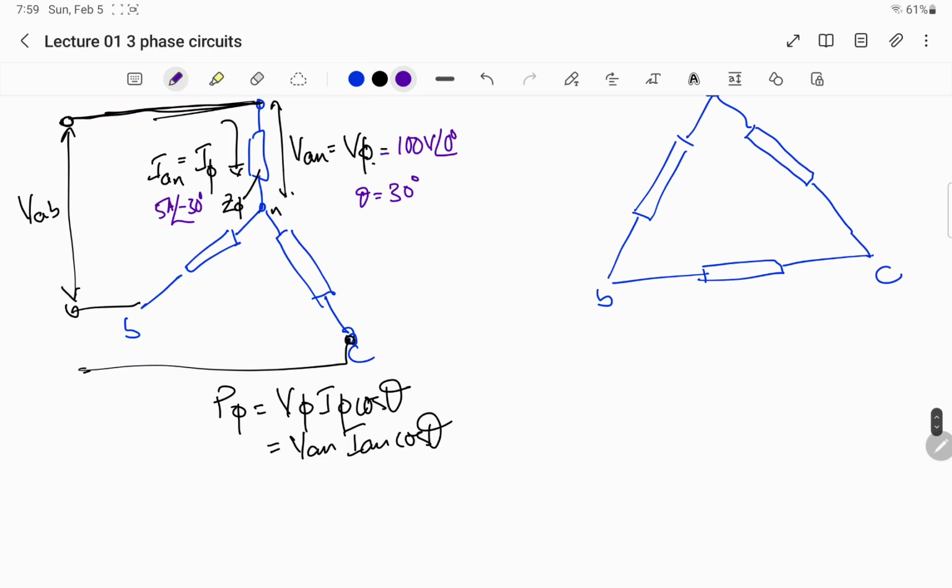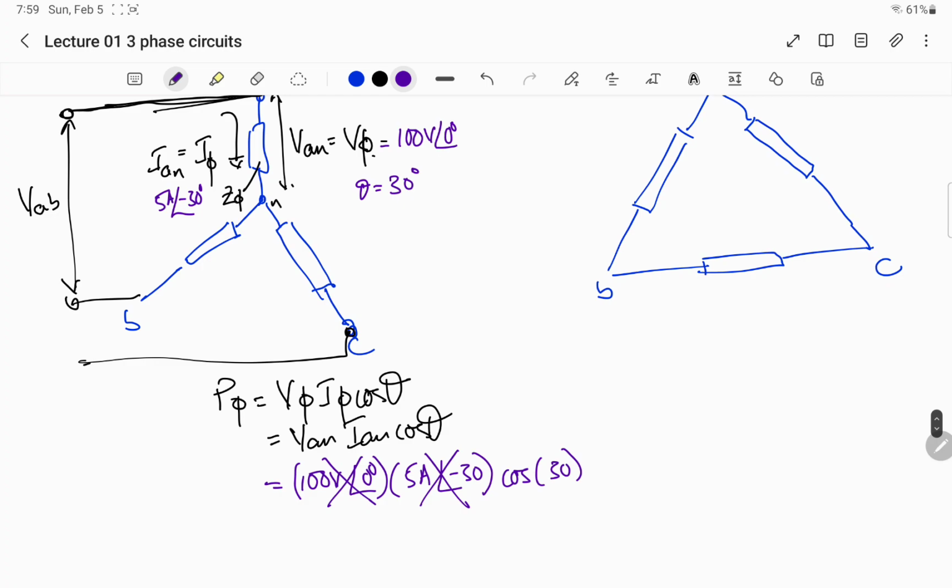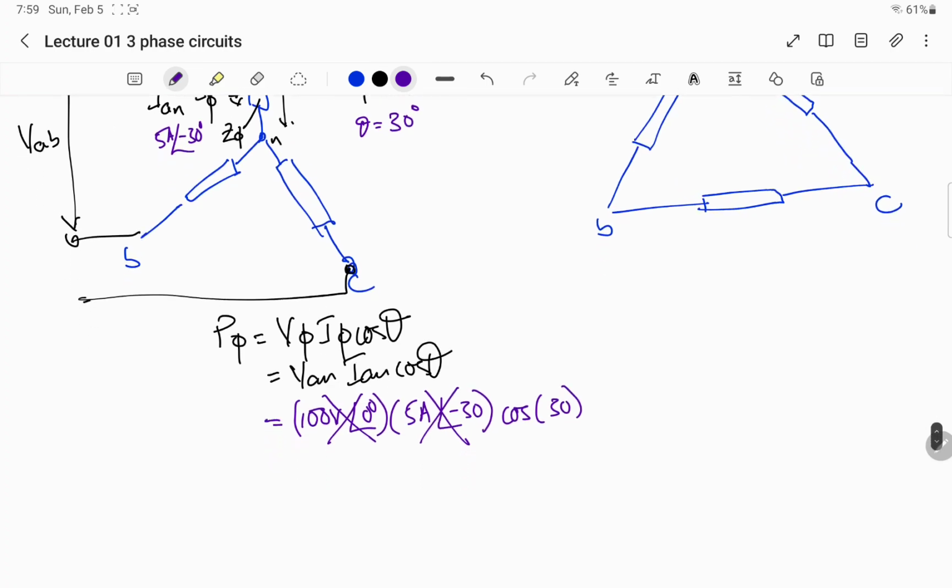So in this formula we will not be writing 100 volt 0 degree into 5 ampere minus 30 degree into cos 30 degree. No, here it is not the phasor, here only the magnitude is coming. So 100 into 5 into cos of this, and this will actually give you the value.